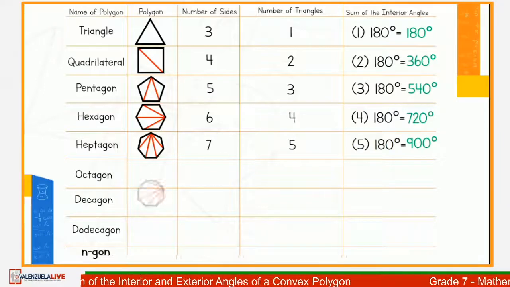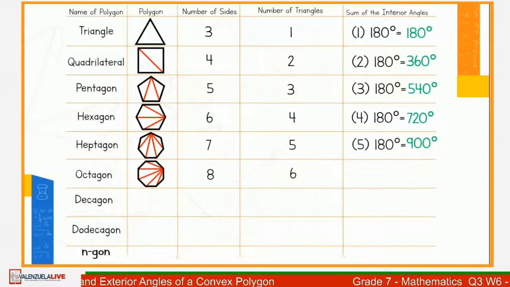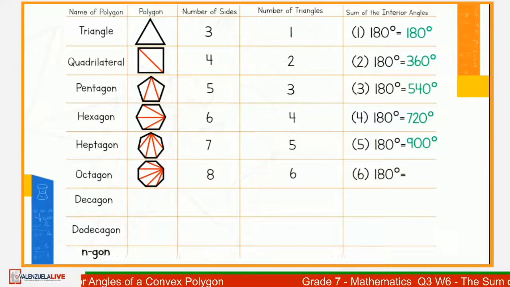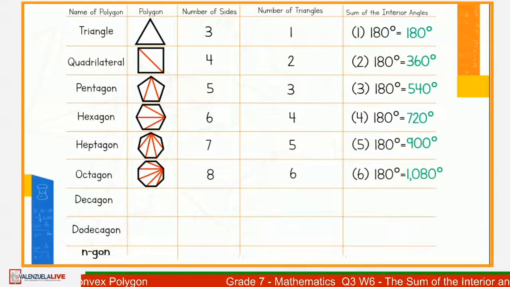Well, for an octagon, number of sides is 8 and can be divided into 6 triangles. Then, we need to have 6 multiplied by 180 degrees, which is equal to 1080 degrees.